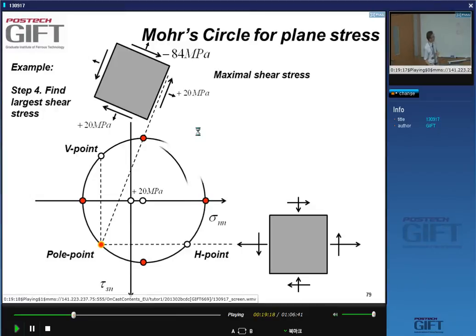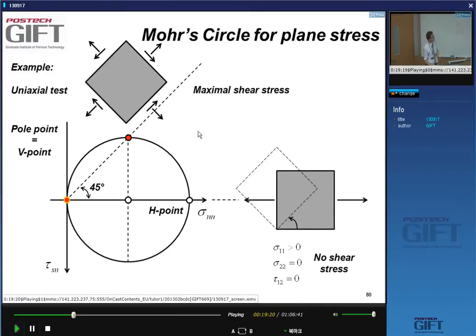Okay. Well, that was a general case, but now let's look at an even simpler case, the case where we have a tensile test. In the case of a tensile test, the stress axis is already along a principal direction.